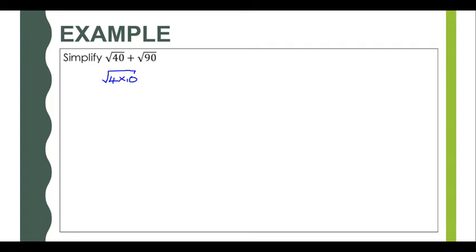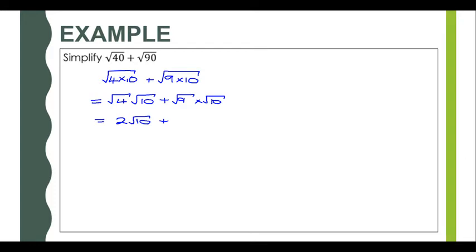And the square root of 90 we can write as the square root of 9 times 10, which is the same as the square root of 4 times the square root of 10 plus the square root of 9 times the square root of 10, which simplifies to 2 root 10 plus 3 root 10. And now, because they've both got root 10, we can add them together, and that gives us 5 root 10.